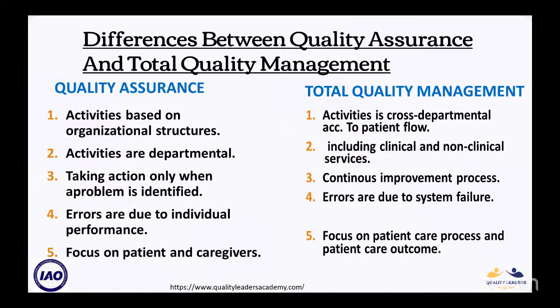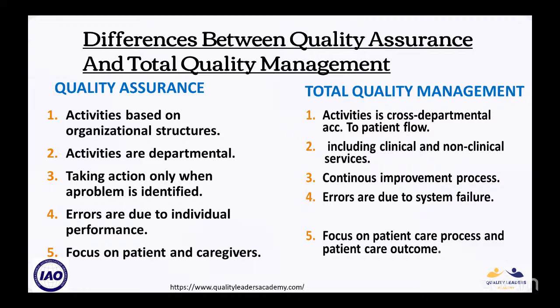Okay. To simplify this, let's take an example of medication error. In the case of medication errors, the QA approach is that they will track the error rates monthly. When an error occurs, they'll investigate and determine who's responsible for that. Then they provide remedial education to that particular individual.